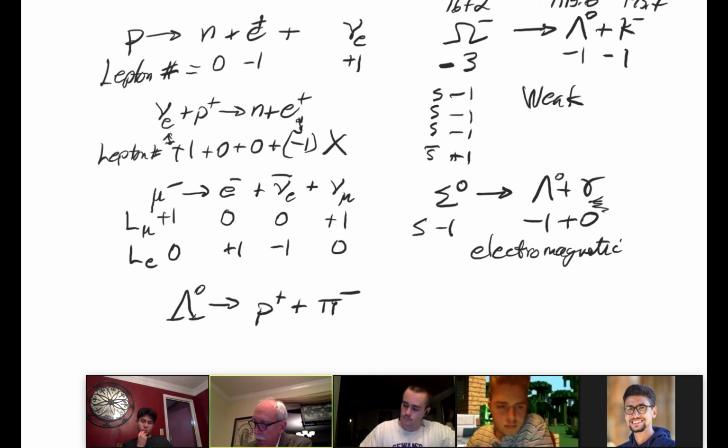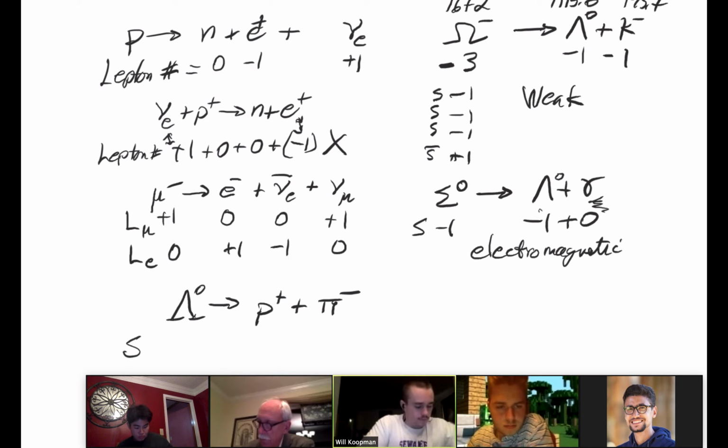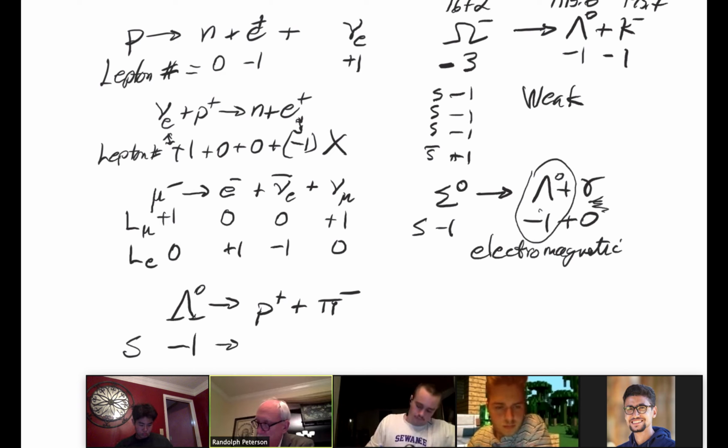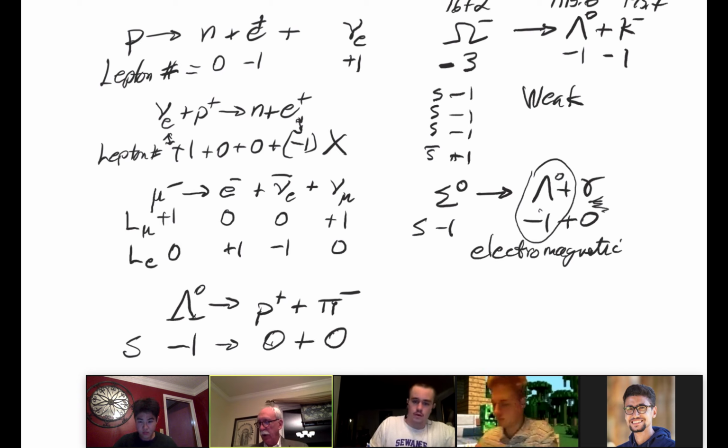No lepton numbers come into play, so it's just the strangeness here. What's the strangeness of the lambda? -1. Yeah. What's the strangeness of a proton? 0. 0. Pi meson? 0. So delta S equals 1, so this will be by the weak interaction.